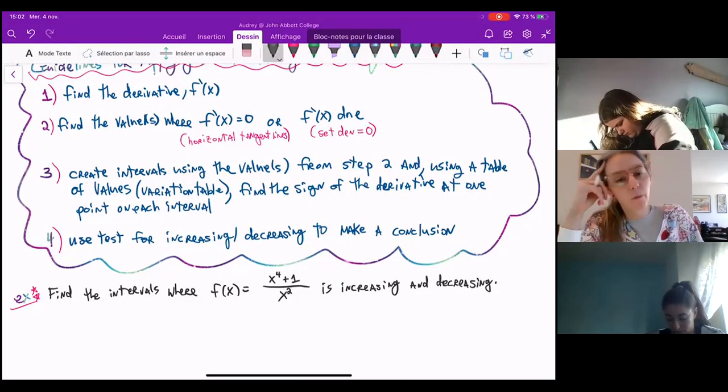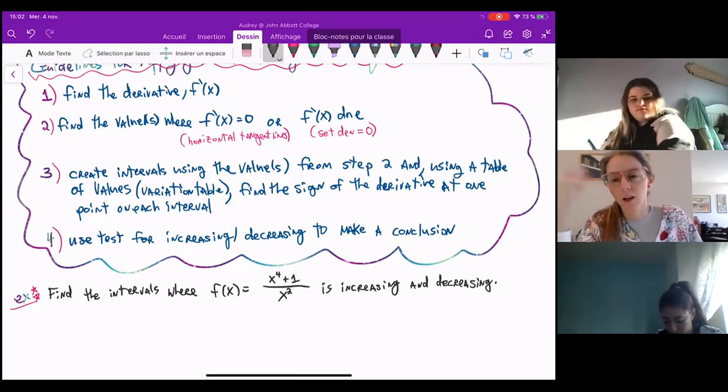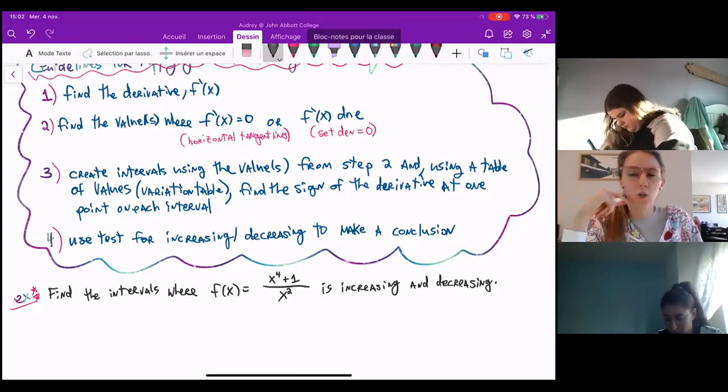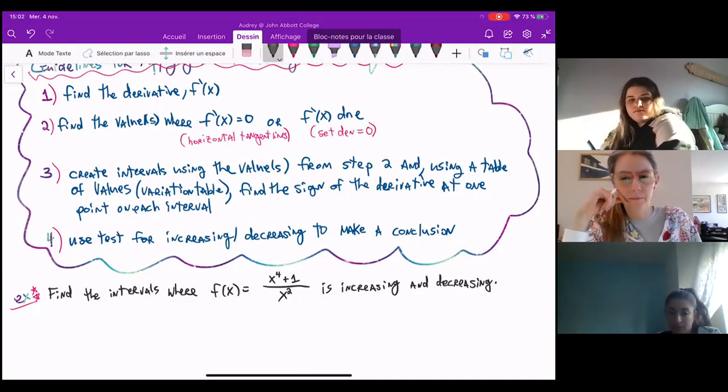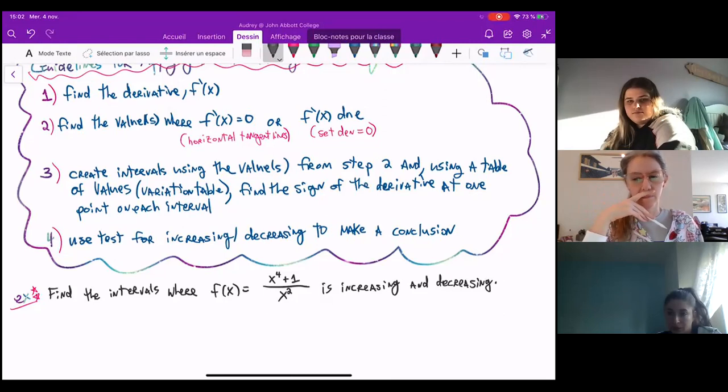Now, question, if we're asked to find the x values of horizontal tangent lines, do we need to simplify? If I were to tell you find the horizontal tangent lines, would simplification be part of that problem? Think about what you guys did on your midterm. The horizontal tangent line question, did you need to simplify?